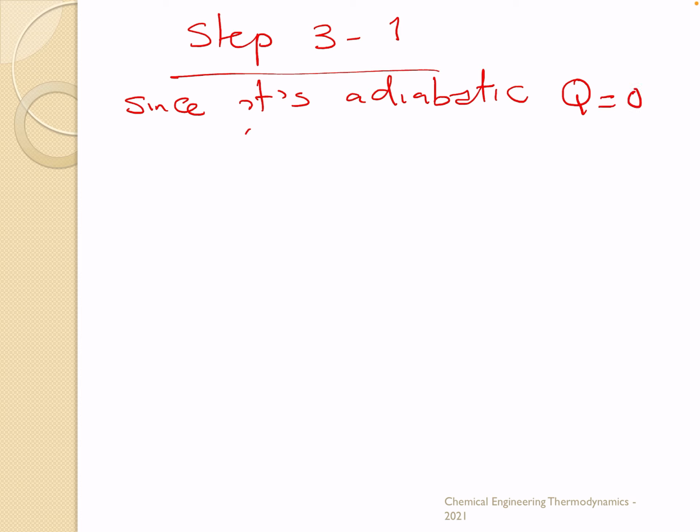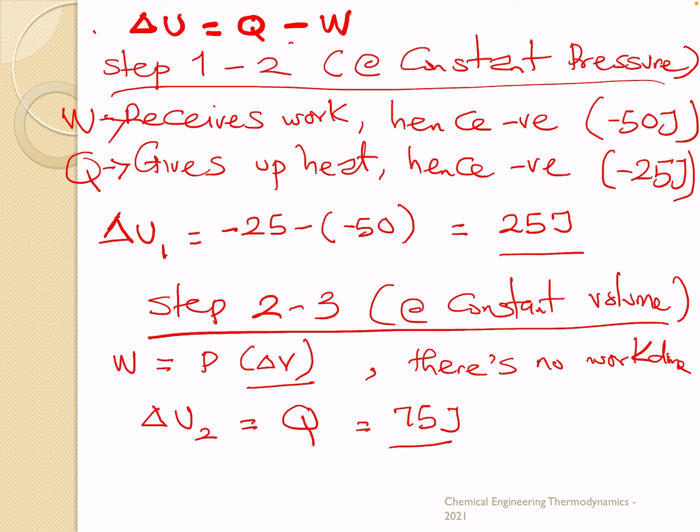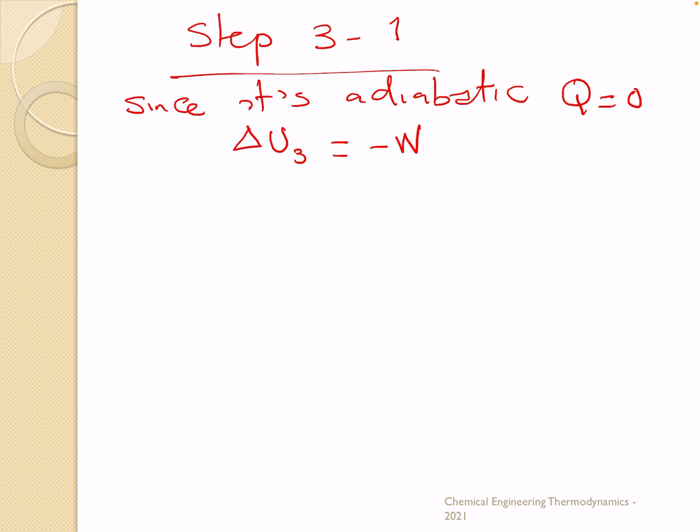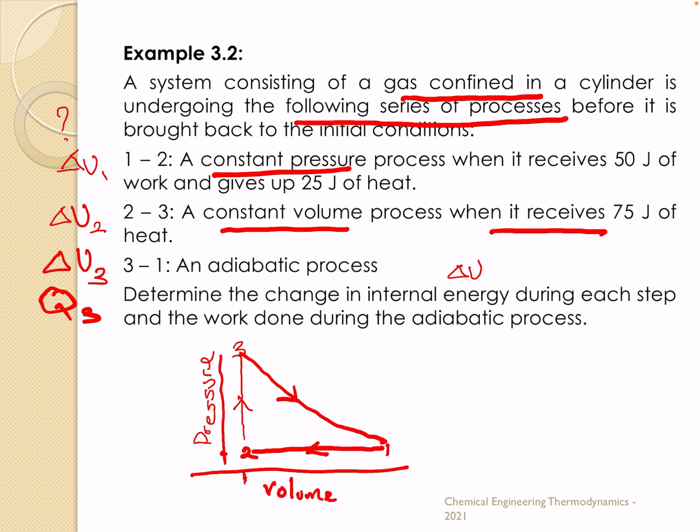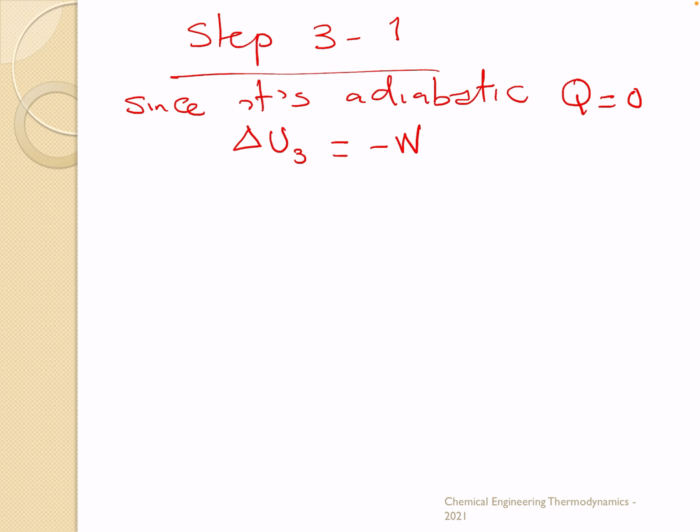If Q is equal to 0, change in U3 is equal to minus W. Remember from our formula, that's what we're still working with. We're looking for change in U3, and then we're also looking for Q3. So let's move on to solve the rest.